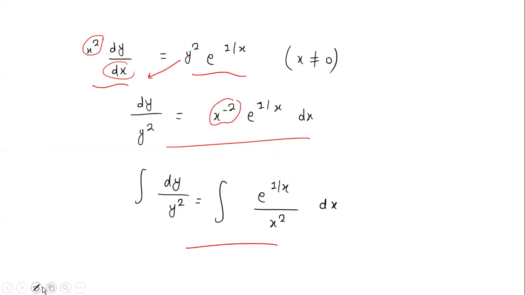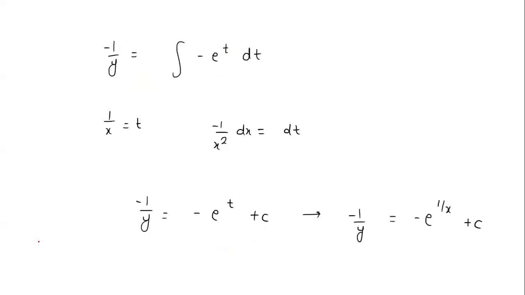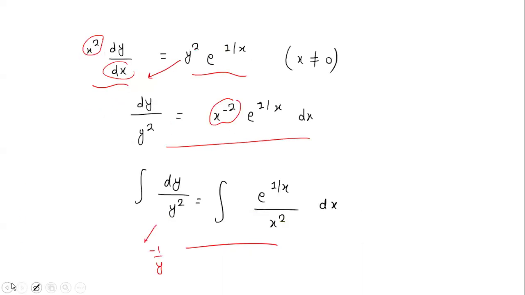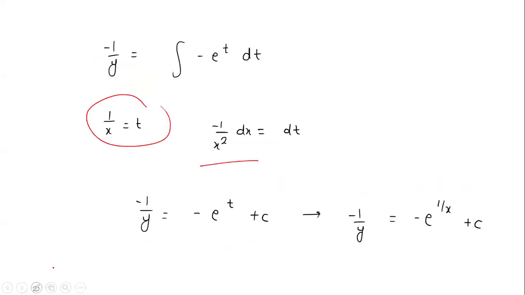If you integrate, this thing will become minus 1 by y. And for this integration, you can substitute 1 by x as t, and then you differentiate, you will get minus 1 by x square dx as dt. So you can replace this 1 by x square dx as minus dt, and this e power 1 by x as e power t. So you will have this.